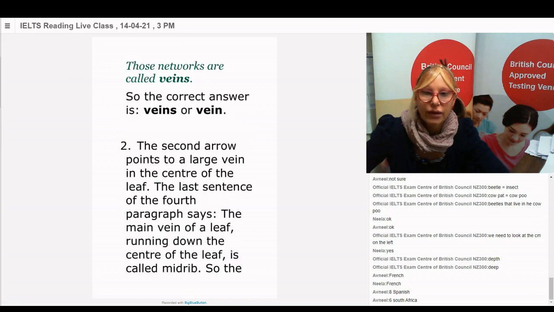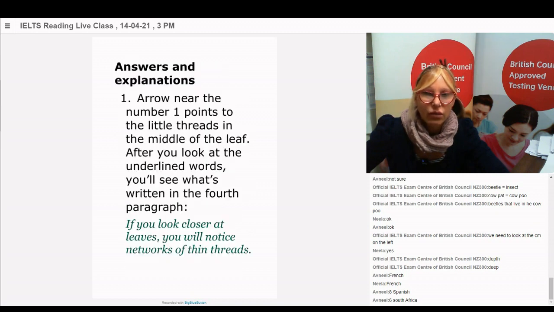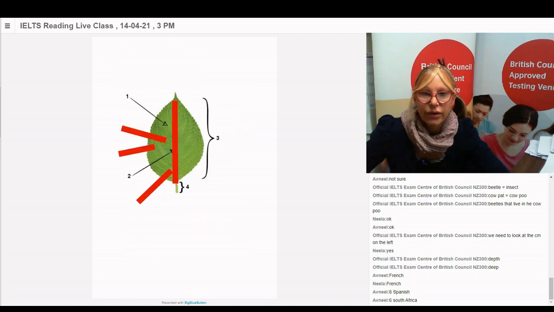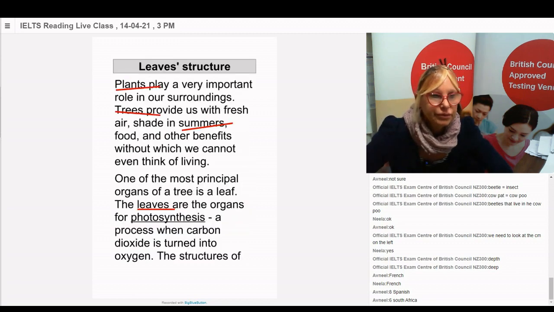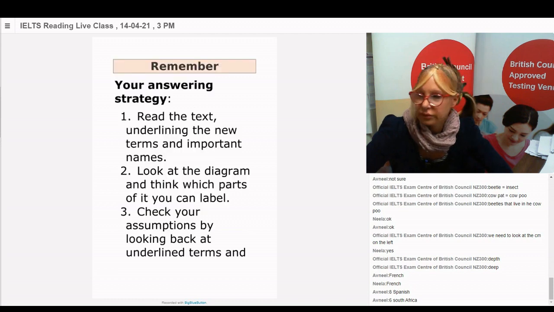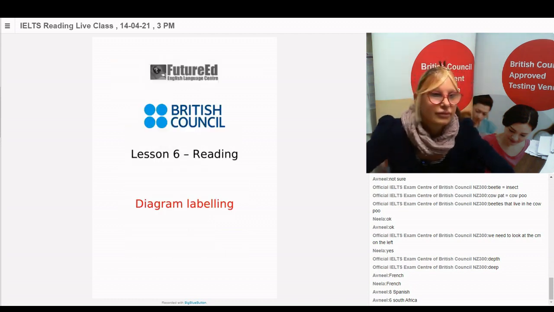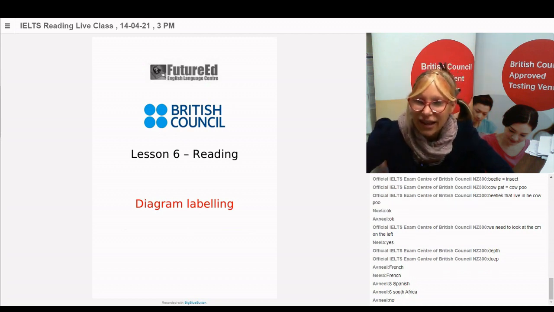Sometimes you can have 5. I haven't seen one which has got 6, but you never know. So guys, do you have any questions now about diagram labeling? No and no. Okay. All right, that's fine.